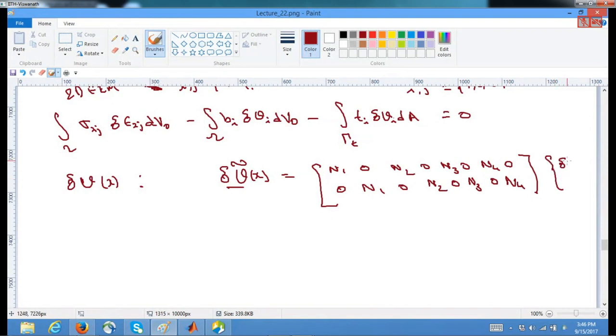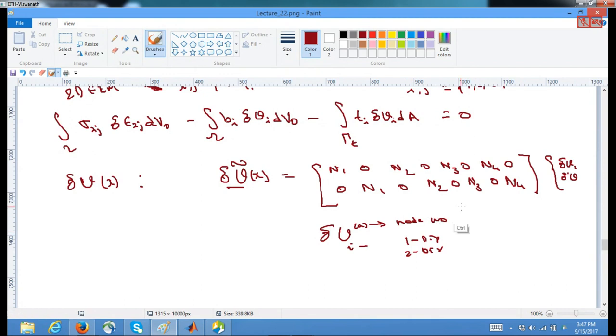delta v1. See, there are two things. One is your u displacement and v displacement. So when I write these things, anything in the subscript is the one direction and two direction, and anything on the top is what I will write as the node number.